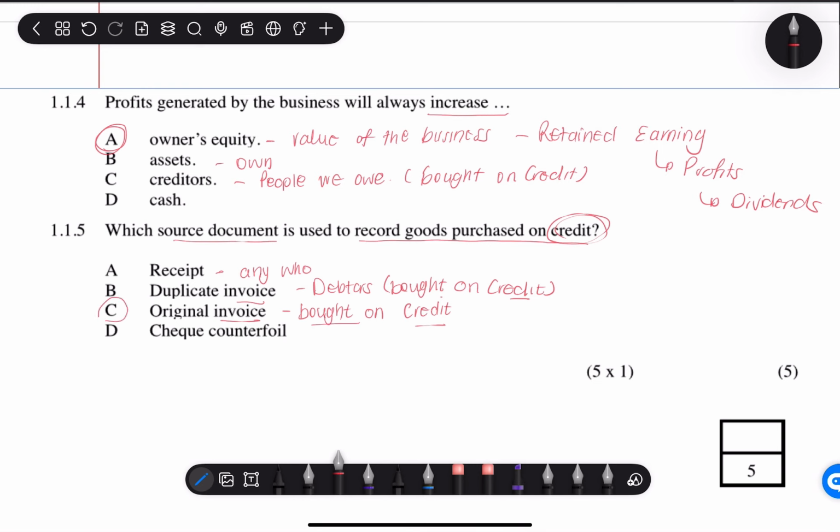So your correct answer is C. If we buy on credit, we'll get an original invoice. Whereas if our customers buy on credit, we have the duplicate invoice. So we buy on credit, we get the original one. But other people buy from us, we get the duplicates, they get the original. What stays with us if we buy on credit is always our original invoice. So C.